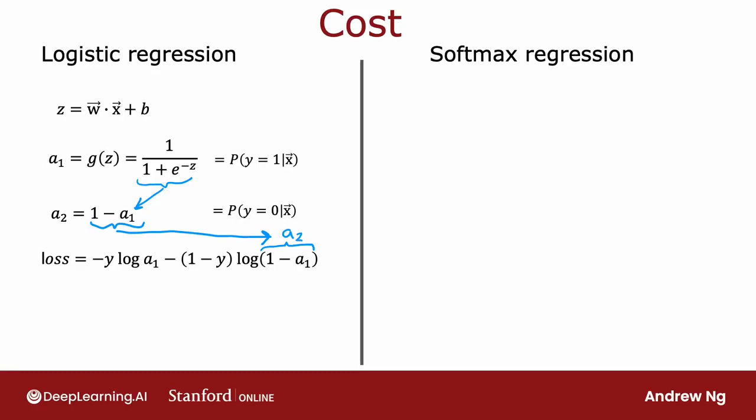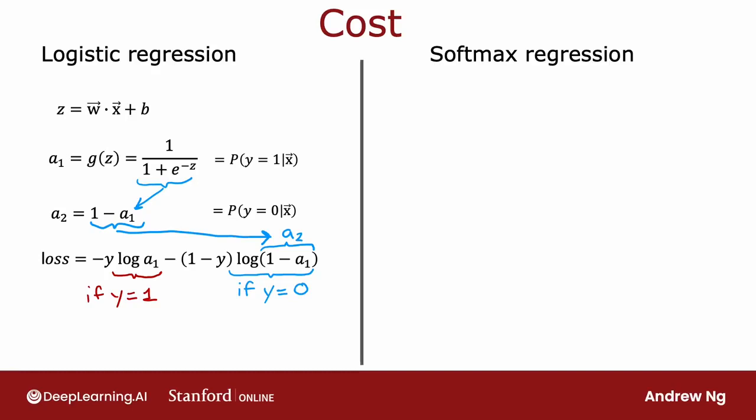So I can simplify the loss for logistic regression to be negative y log a1 minus 1 minus y log a2. In other words, if y is equal to 1, the loss is negative log a1, and if y is equal to 0, then the loss is negative log a2.